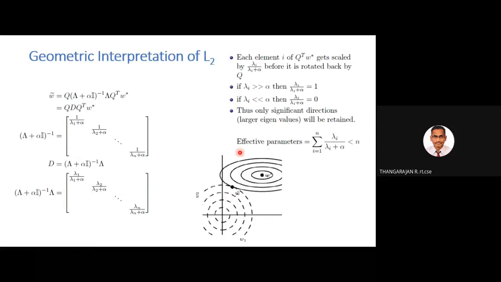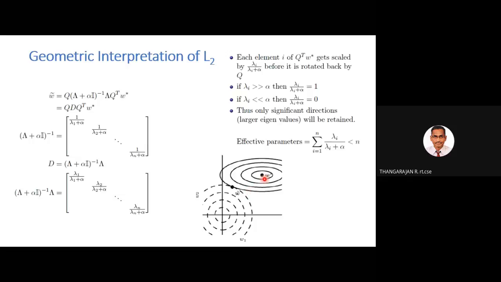When you put it in a diagrammatic manner like this, your optimal weight W star without regularization gets rotated and shrunk to W tilde, which is the optimal weight after regularization.